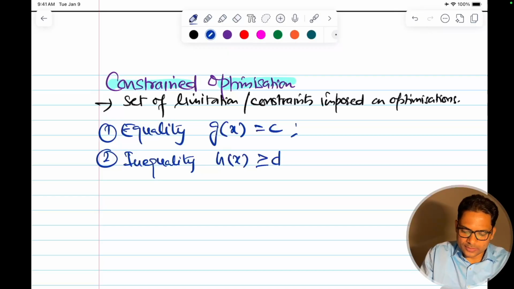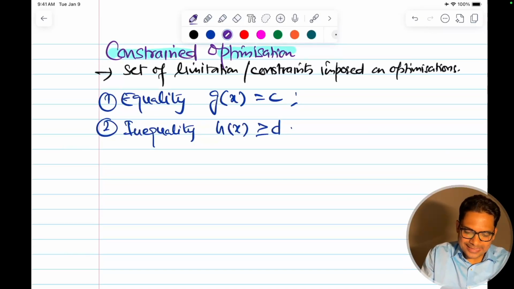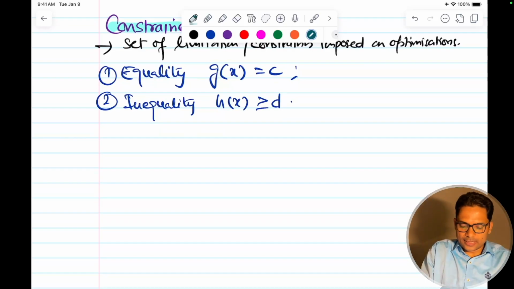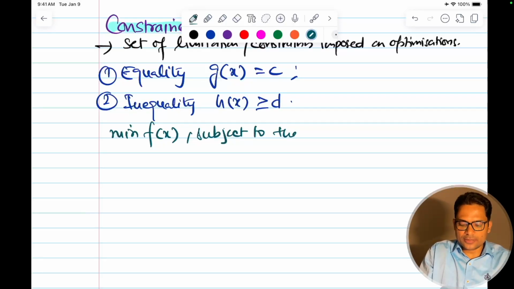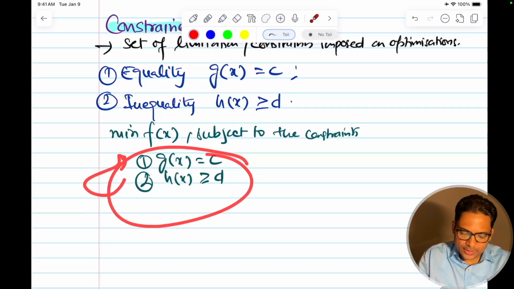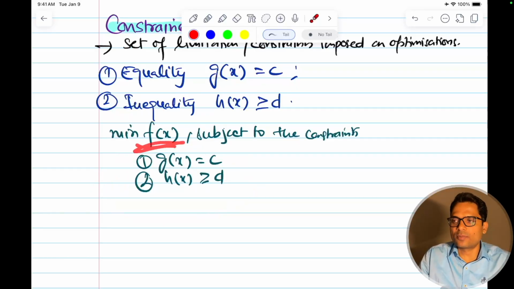Both work. So I have to say: minimize f of x subject to the constraints. What are the constraints? That g of x is equal to c, that is the first constraint, and the second constraint is h of x is greater than or equal to d. I have to somehow include this also in my minimization problem.